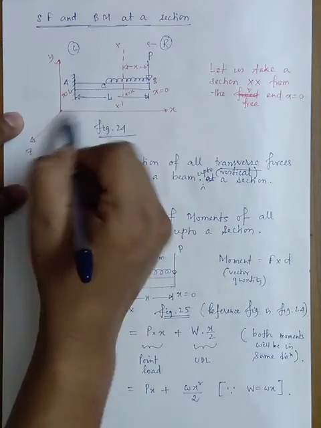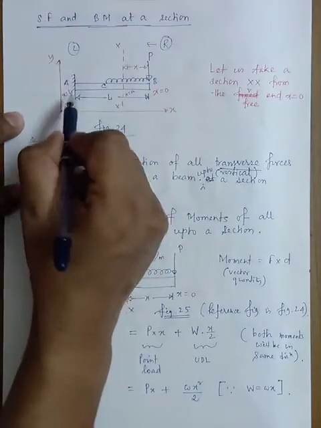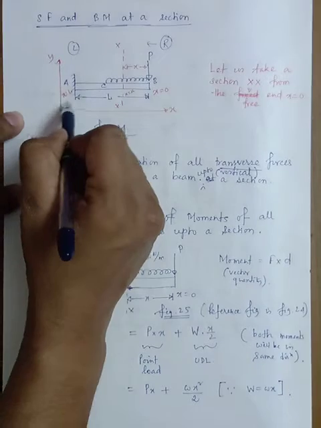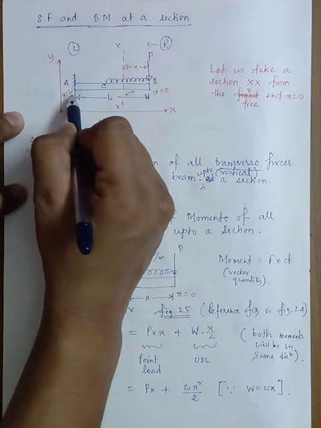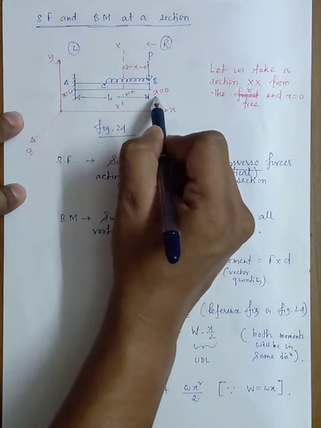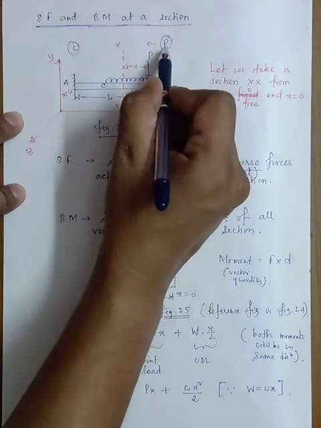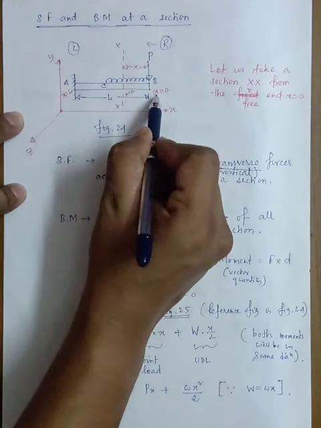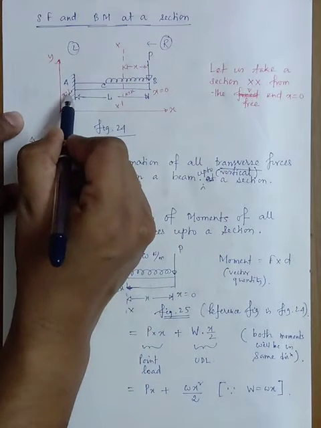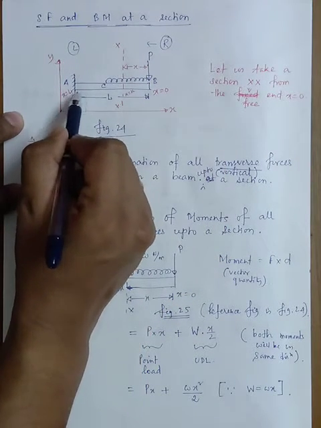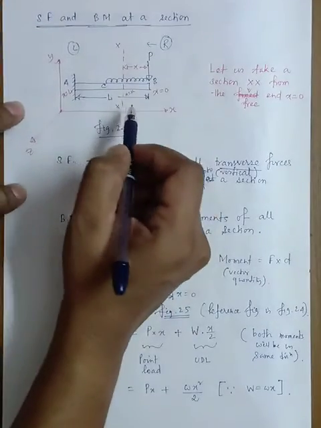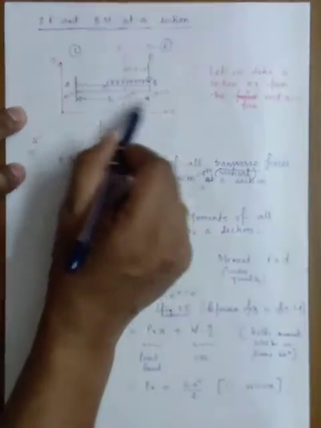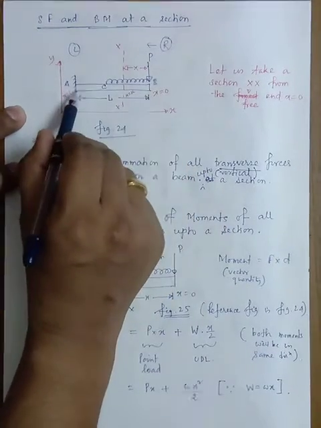With respect to this coordinate system, you can take this as x equals 0, then this will be x equals L, or if you want to start from the right hand side of the beam towards the left hand side, you can take this as 0 and the other end as x equals L. The total length should be L. You can start from this end or from this end.